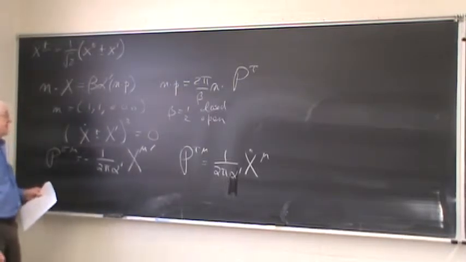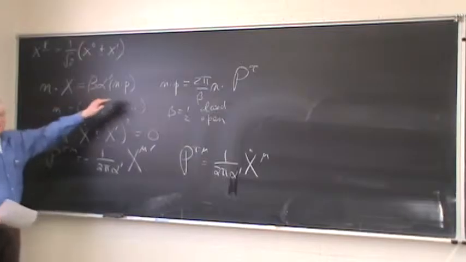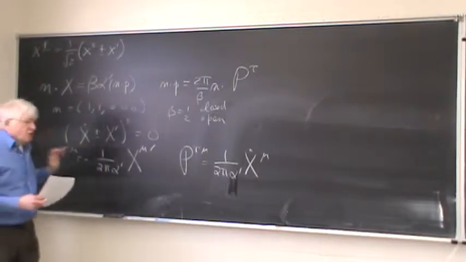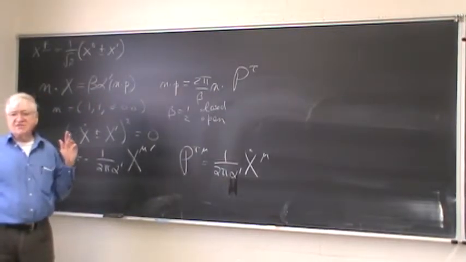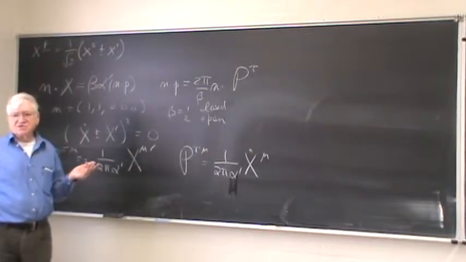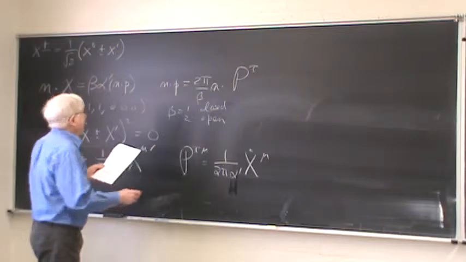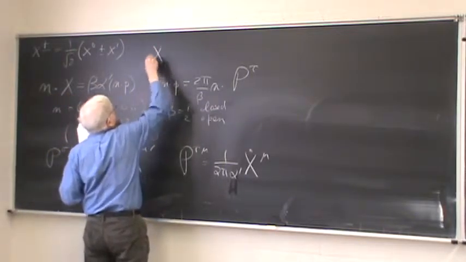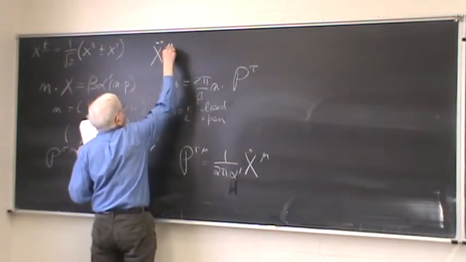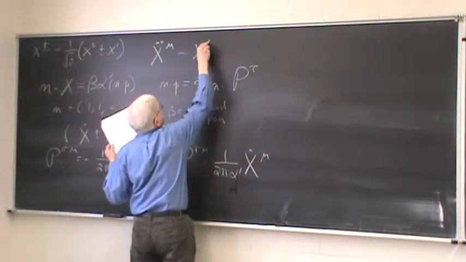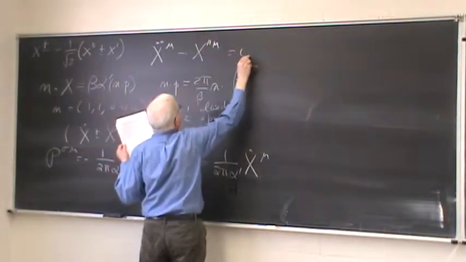Now the remarkable thing is that in these gauges, the coordinates, instead of obeying the very complicated nonlinear equations that we saw with the Nambu-Goto string, actually obey something very simple: a wave equation, x double dot mu minus x double prime mu equals 0.